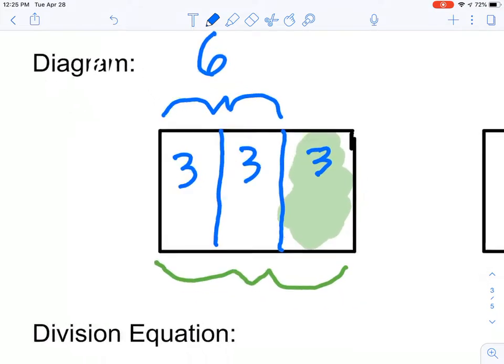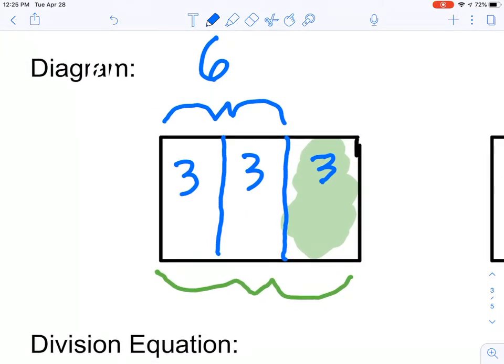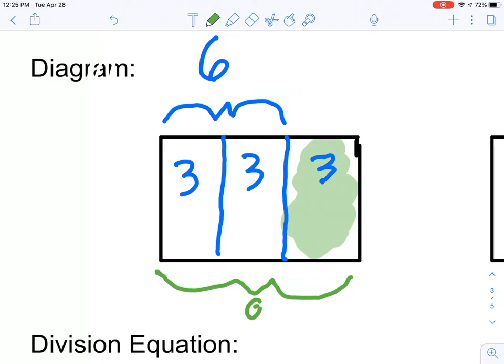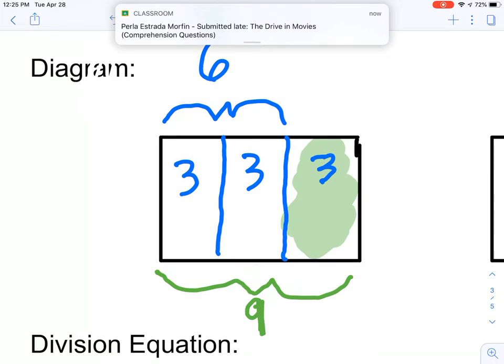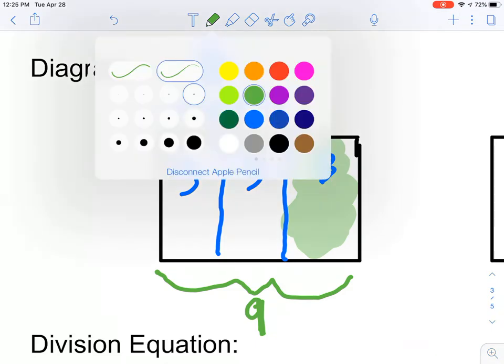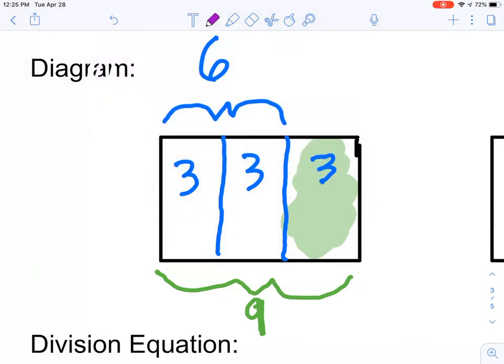So if 2/3 contain 6, that means all 3 together, 1, 2, 3, will equal, what is it? Drum roll, please, 9. Okay, excellent. So we know that the entire box contains 9 pieces altogether. So how would we write this out as a division equation?